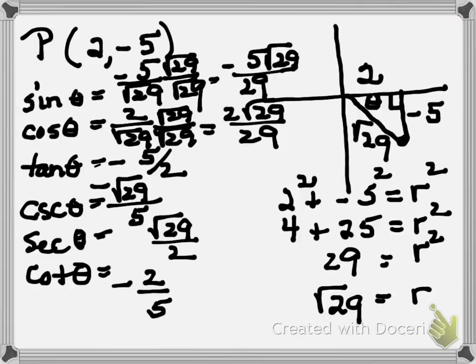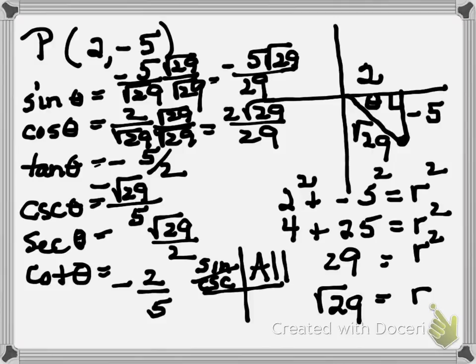Also, remember I told you in the different quadrants which trig functions were positive and negative. All of them are positive in the first quadrant. Now in the second quadrant, sine and its reciprocal cosecant are positive.